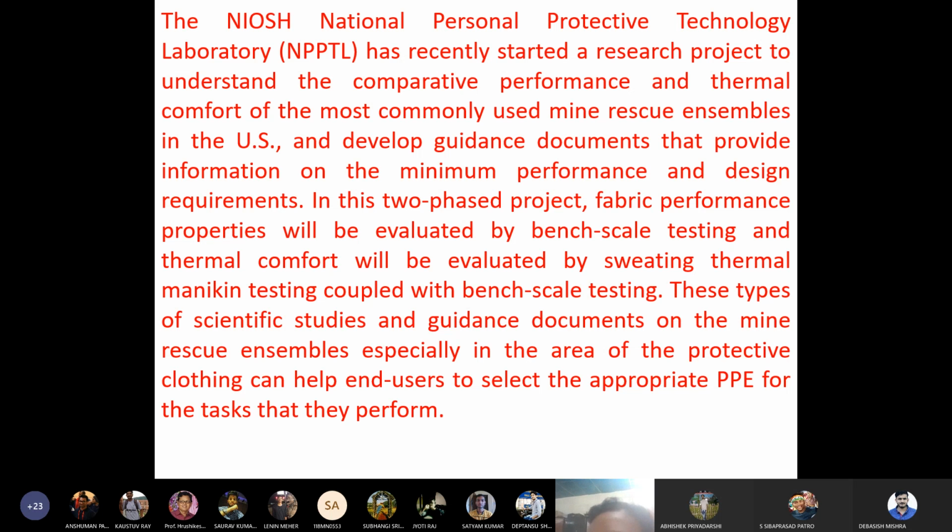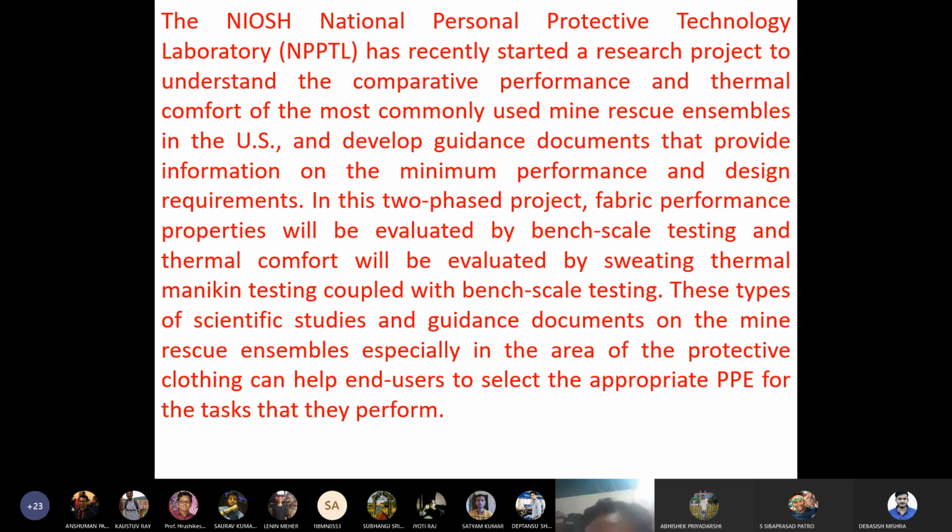In this two-phased project, fabric performance properties will be evaluated by bench scale testing, and thermal comfort will be evaluated by sweating thermal mannequin testing coupled with bench scale testing.